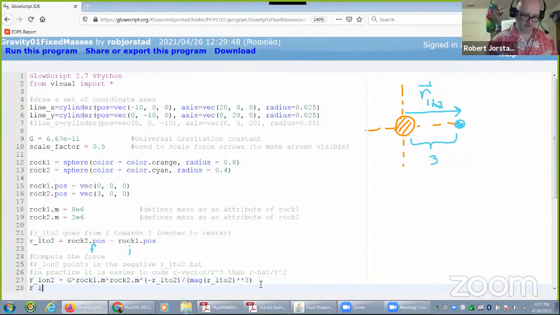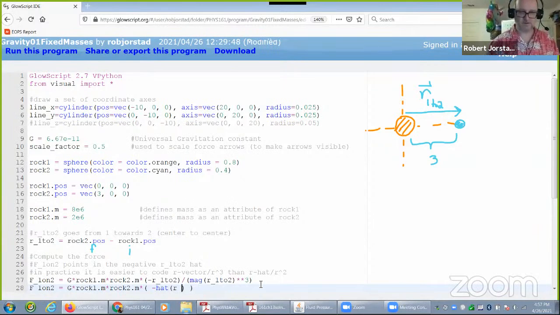Force of 1 on 2 is equal to G times the masses, all right, times the hat vector, times negative hat of R1.